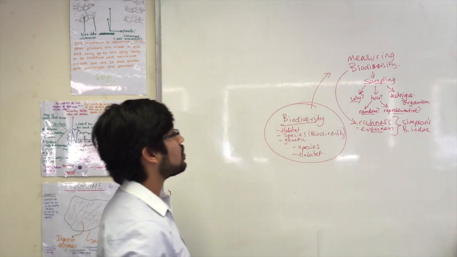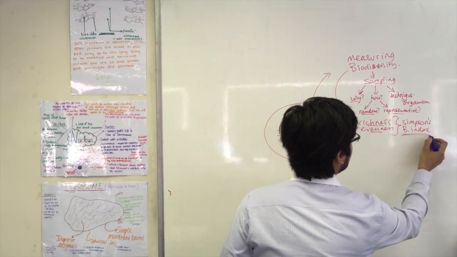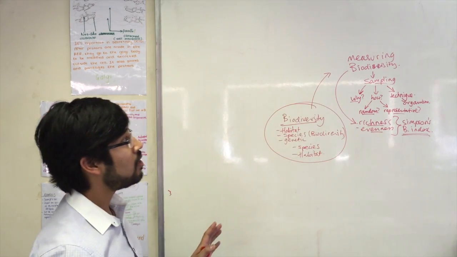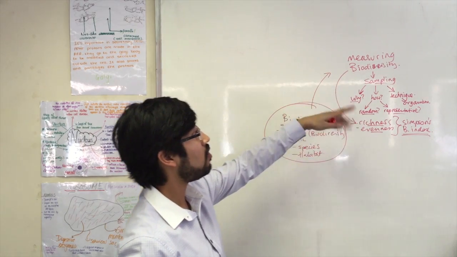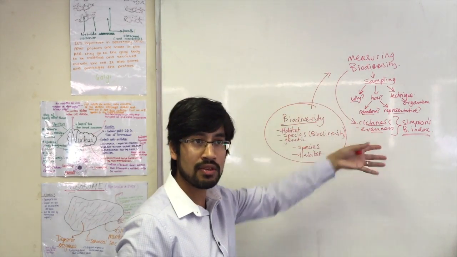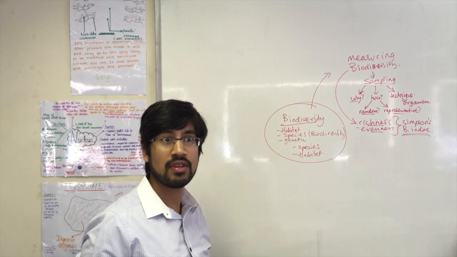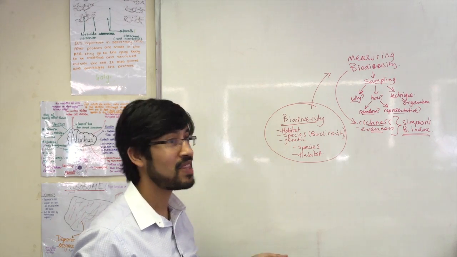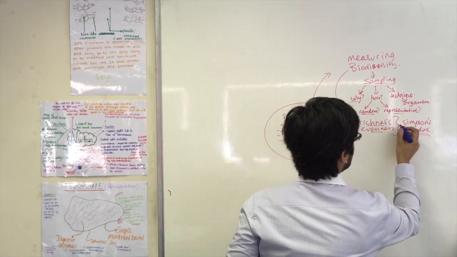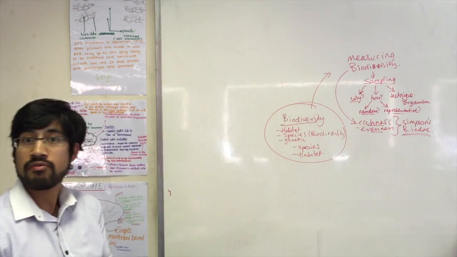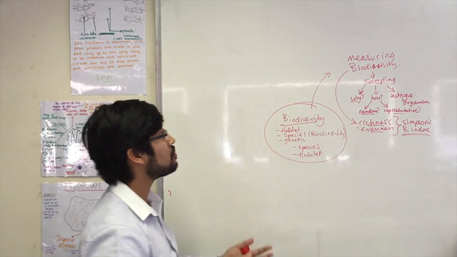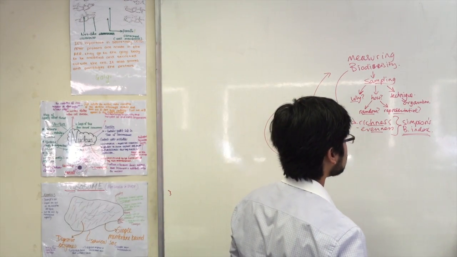Yeah? Okay? And once you have that, it gives you an idea of the biodiversity of this area using the techniques that you've used. Very good. Using the techniques that you've used to give you a quantifiable number that tells you what the biodiversity of the area is.